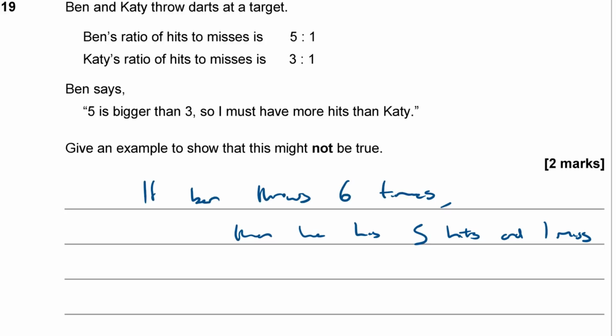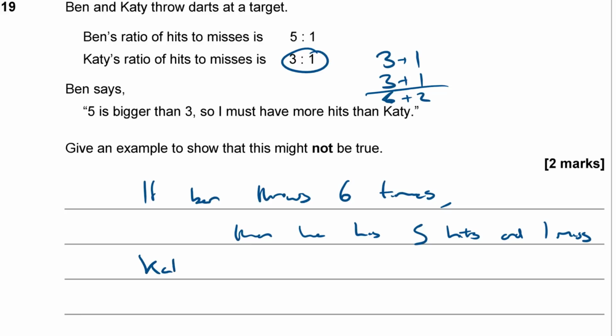Okay, so let's have a look at Katie. She hits 3 times for every 1 time she misses. So 3 plus 1 is 4. So in the 4th row, she hits 3 times and misses once. But let's say she did that over again. So she hit another 3 and missed another 1. That's a total of 6 hits and 2 misses.